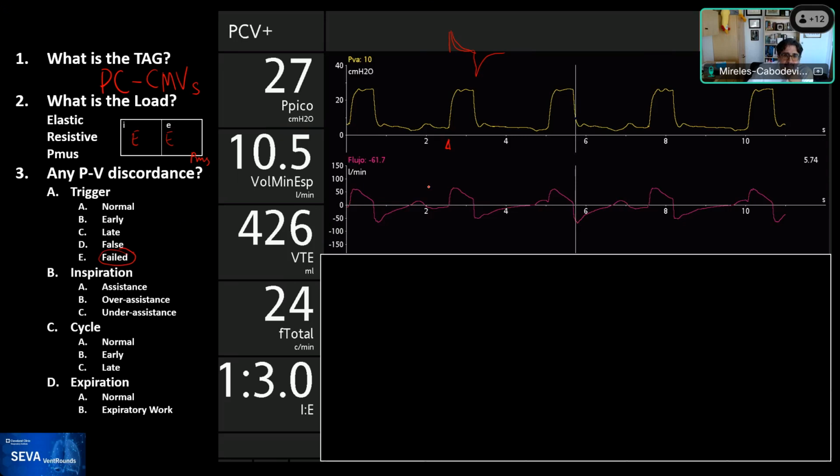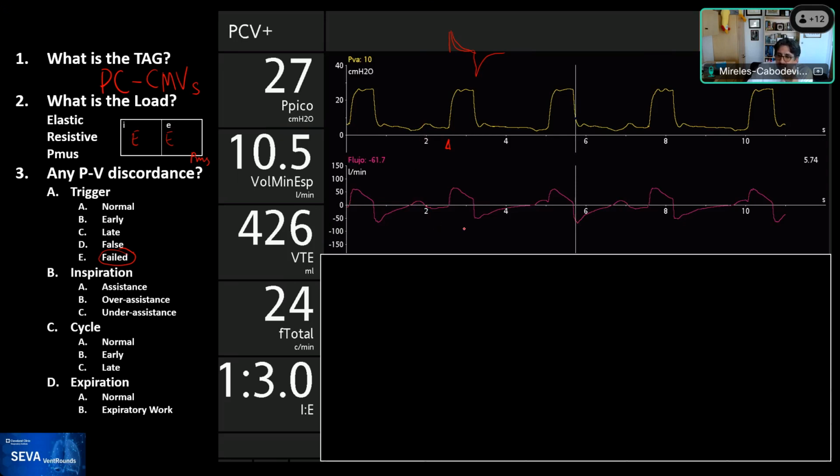The characteristics of that come in part from just focusing on the first breath. You can see that the flow crossed above baseline and then below, and then you see the drop in pressure that correlates with that. So this is consistent with, or suspicious for, a failed trigger.